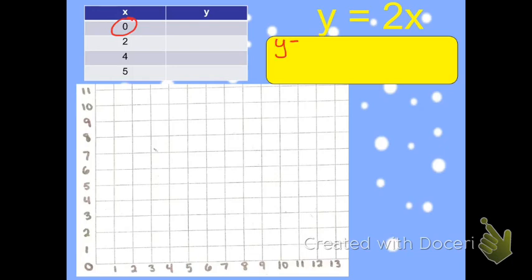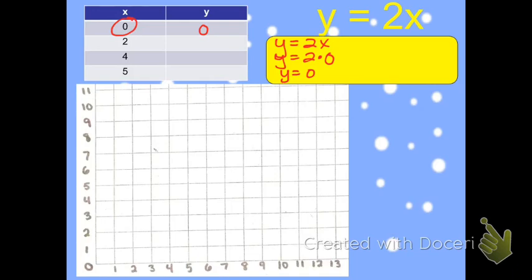And we write y equals 2x and y equals 2 times what? 0. Because where x is, we're going to put in the number 0, right? Okay. So if we put in the number 0, y equals what? 0. So 0, 0. Because remember, anything times 0 is 0.